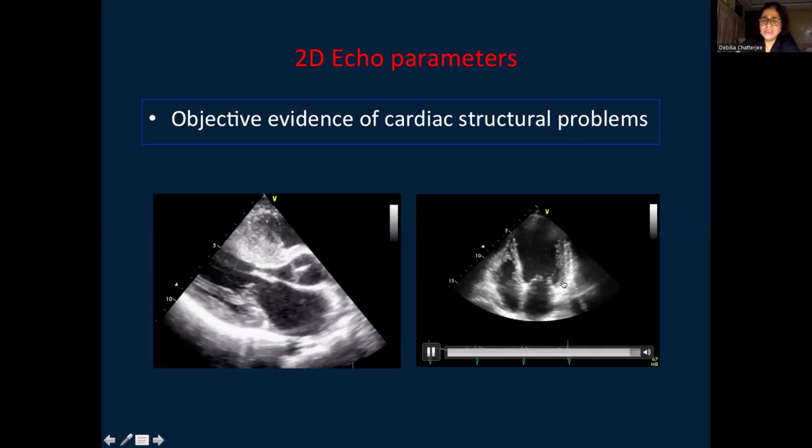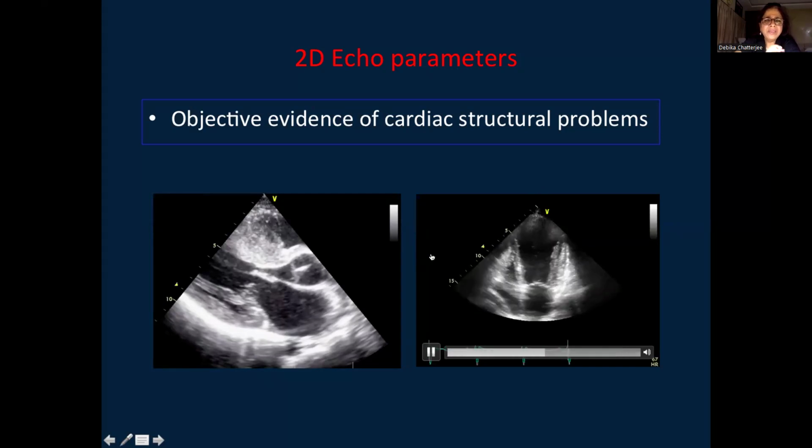And if you look at this apical four-chamber view, look at the LAD territory. It is scarred, it is akinetic. So this myocardium cannot relax. So this patient had an infarction in the LAD territory, indicating that this patient will have some grade of diastolic dysfunction.